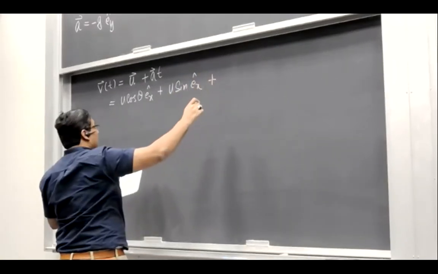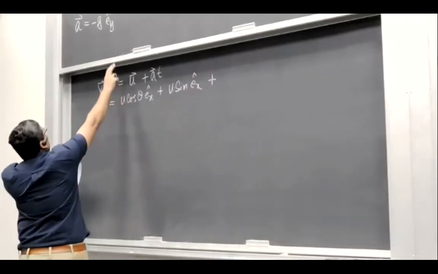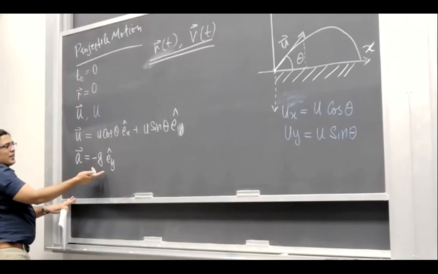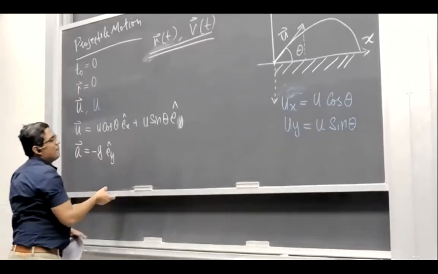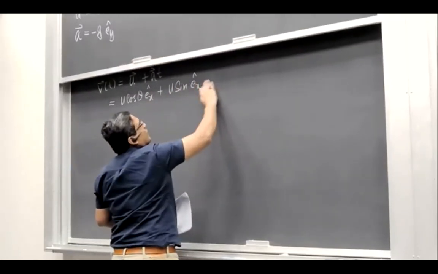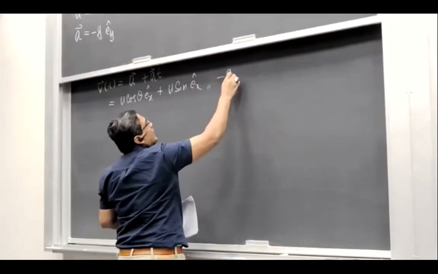Plus, and now the value of acceleration here, remember, it only has y component. It has no component along x-axis. Minus g e y. So this would be minus g and a scalar t.